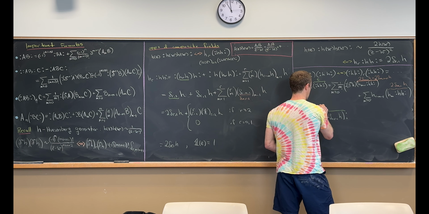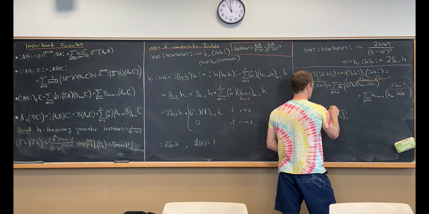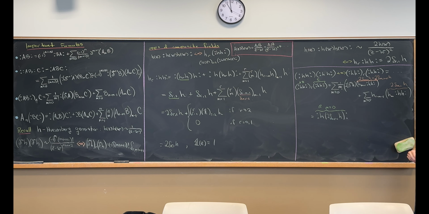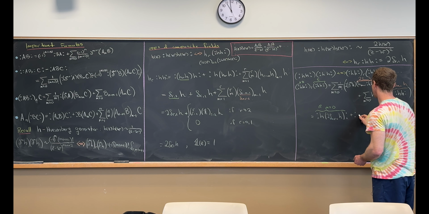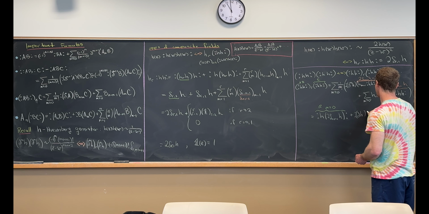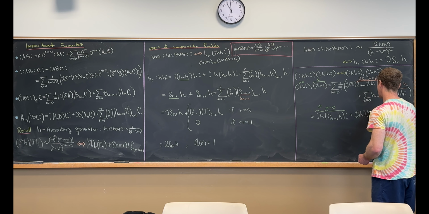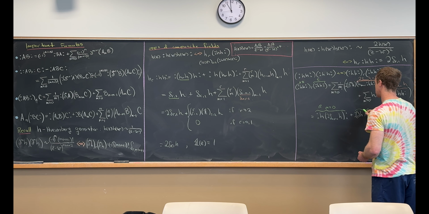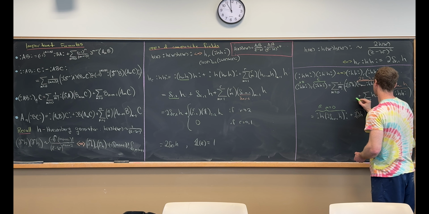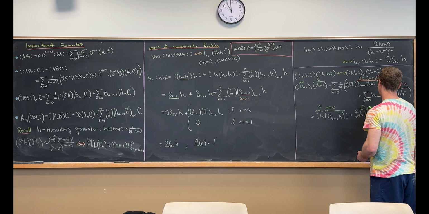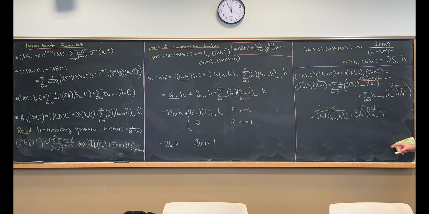So this is the first sum with M equals 0. Now we need the first sum with M equals 1. That's going to give us the derivative of H, normally ordered producted with 2 delta 1 R minus 1. How do we know this is 0 right here?